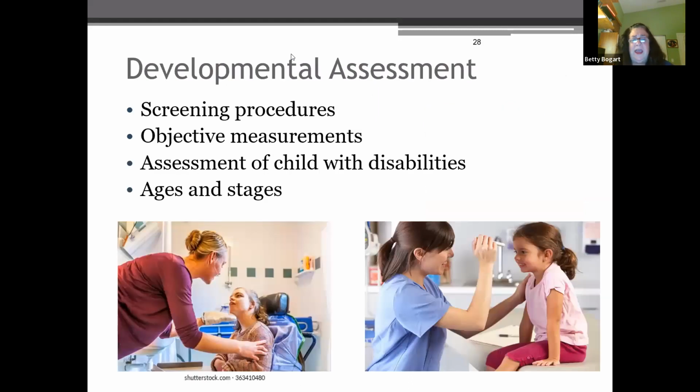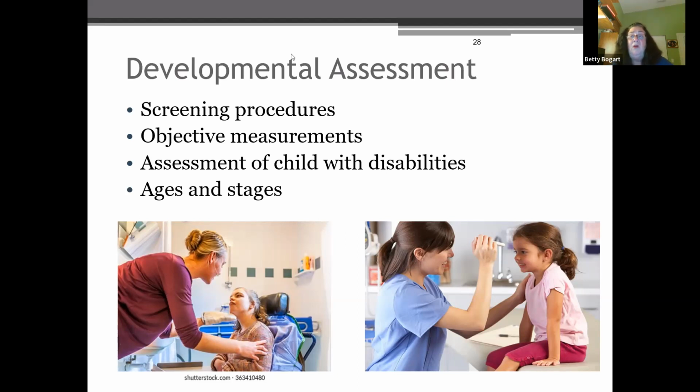Now, when we get an infant or child into the doctor's office, even into urgent care and ERs, we're going to be doing some sort of developmental assessment to see, are they where they need to be? Why do we do this? Well, many children are behind. Maybe it's their speech, maybe it's their physical activity, maybe it's a child that by age 6 months can't roll over.